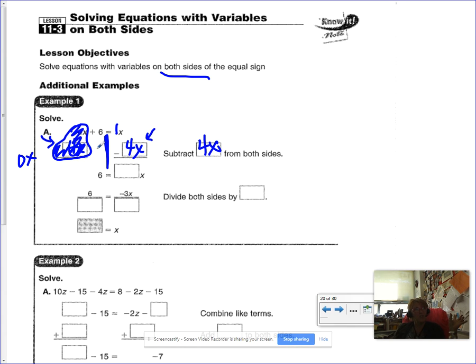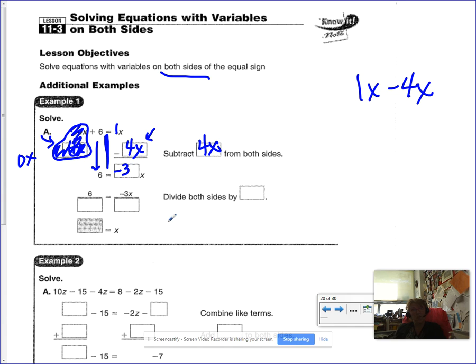Wipe out. That's why down on this line, they just have 6. Over here, I have 1x minus 4x. That leaves me with negative 3x. Don't freak out that it's a negative number. It's totally fine. Just a number.